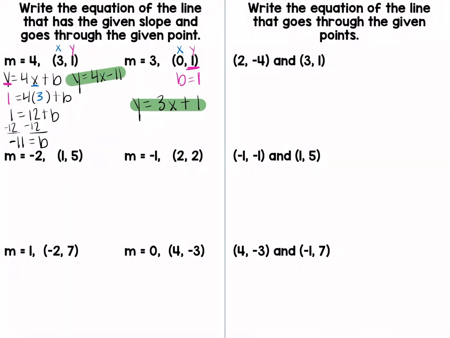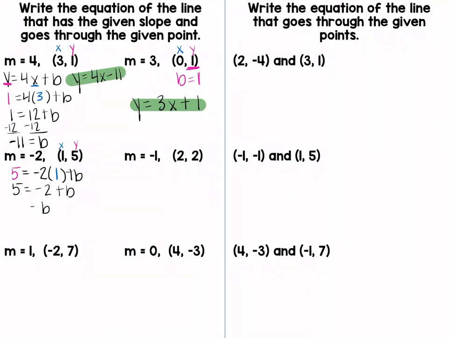Okay? So then m equals negative 2 and it passes through 1, 5. So remember, this is your x. This is your y. So 5 equals negative 2 times your x value, 1, plus b. So 5 is negative 2 plus b.